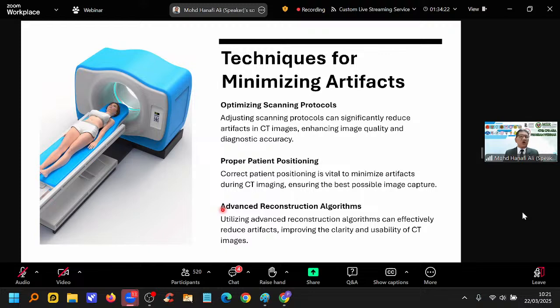So we may have a problem of exposing the patient unnecessarily because the patient is not positioned at the ISO center. Then, advanced reconstruction algorithms, as we normally learn from our basic degree: we have to make sure we use the reconstruction algorithm nicely, and know which particular reconstruction we need to do.